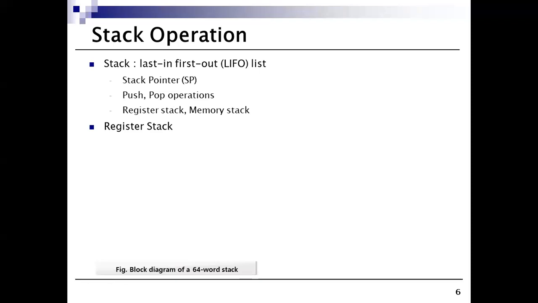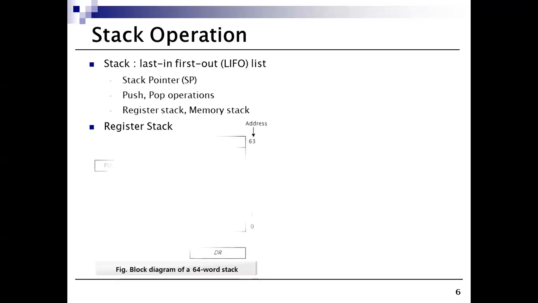So some n registers or n memory words are used and referred to as a stack. It is a completely isolated structure consisting of n memory words, or a sequence of registers, which we use as a stack.